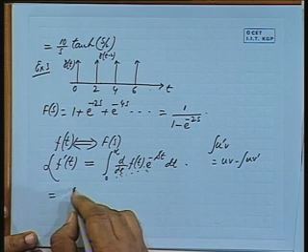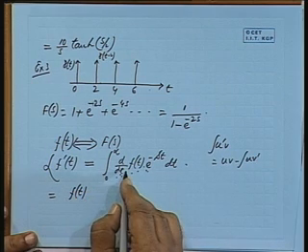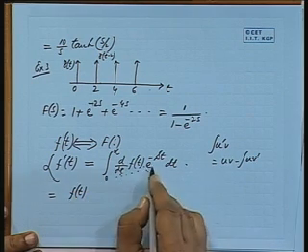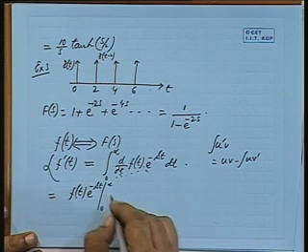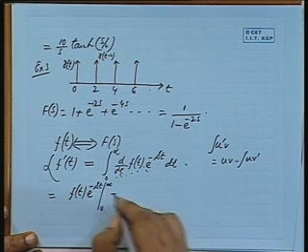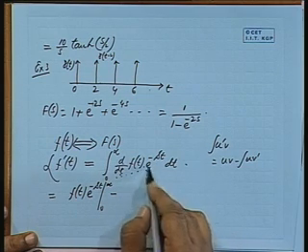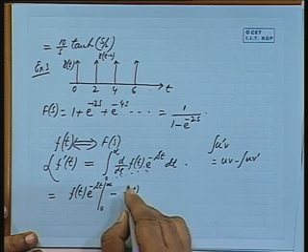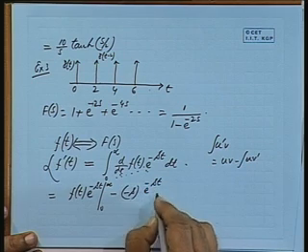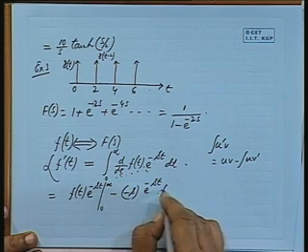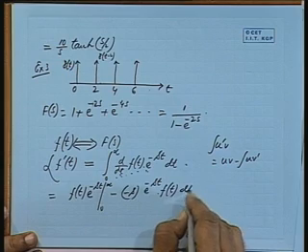So, it will be f(t) e to the power minus st from 0 to infinity, minus the integral of the derivative of this, which becomes minus s into e to the power minus st, and integration of this is f(t) dt.